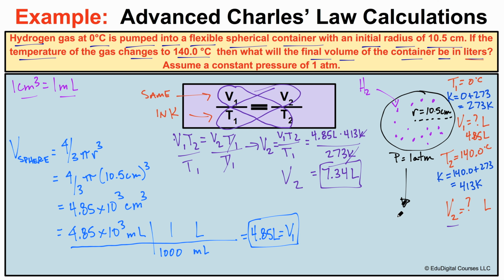It looks like this container is going to expand as its temperature increases. And so if we make this look slightly bigger than this, then the volume of the gas in this container is going to equal 7.34 liters. So that's kind of an advanced Charles' law calculation.